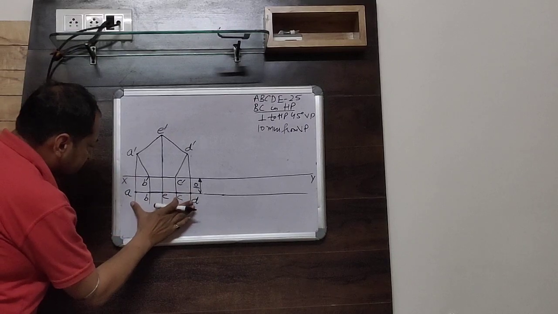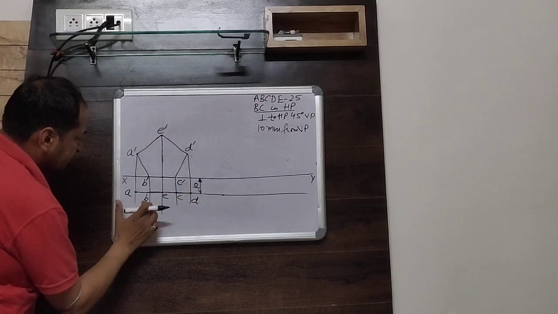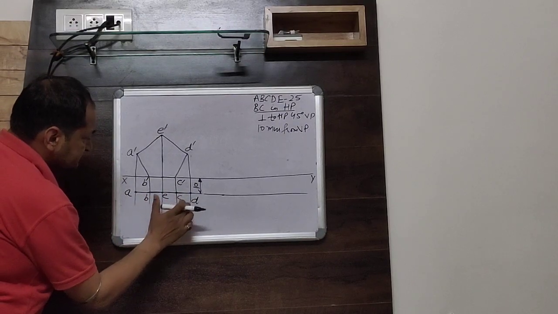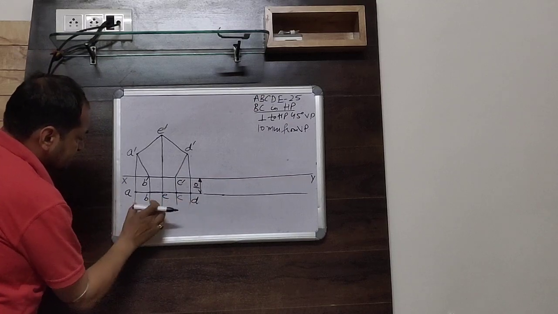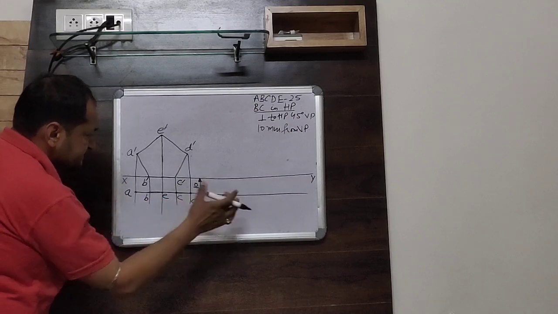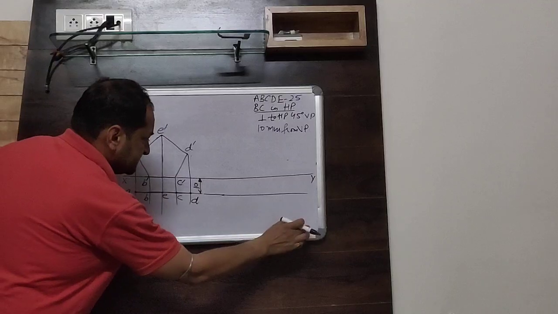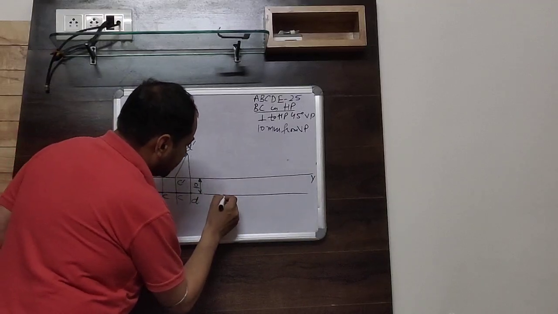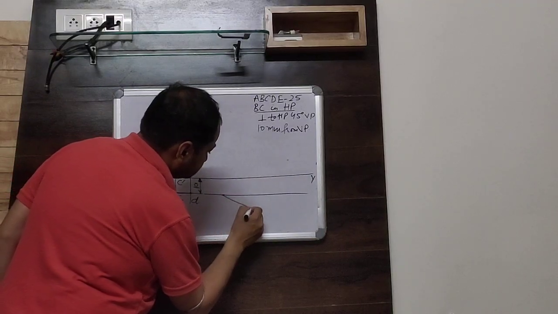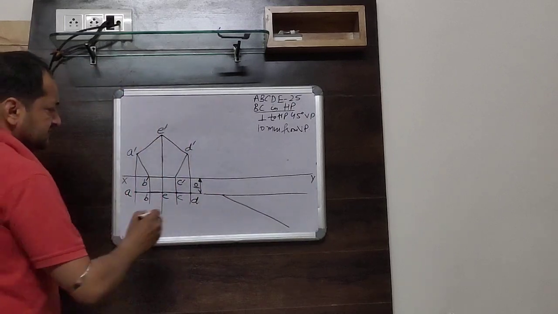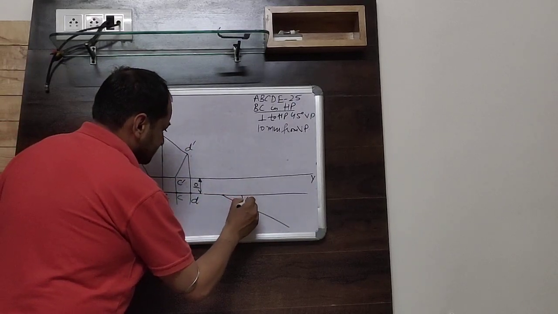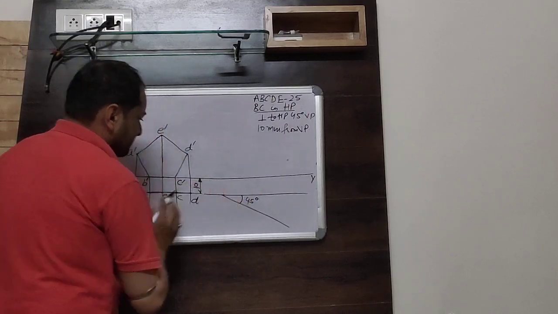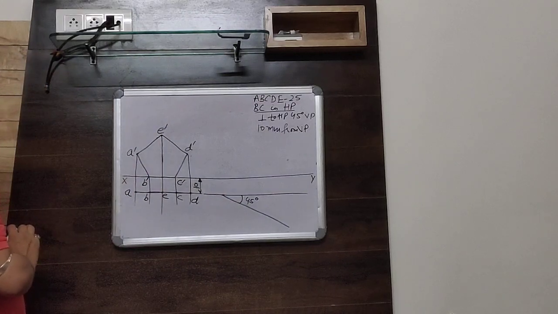You have to displace this complete line AB, BE, EC, CD, and transfer all these distances on a line at 45 degrees to the horizontal line.